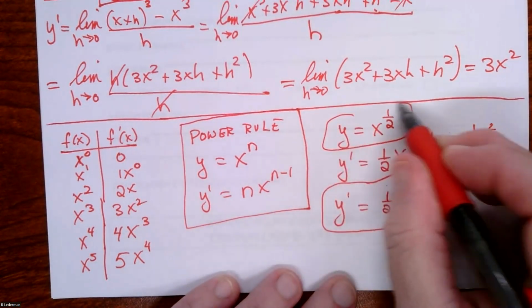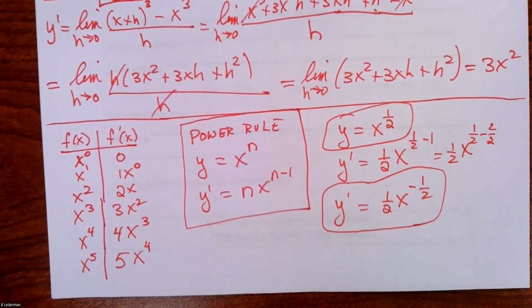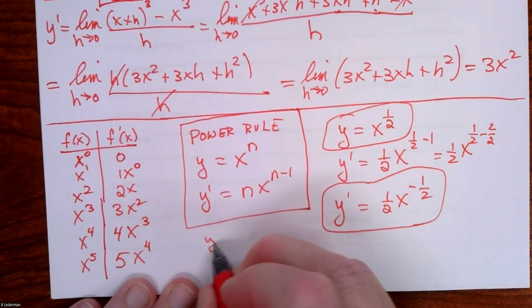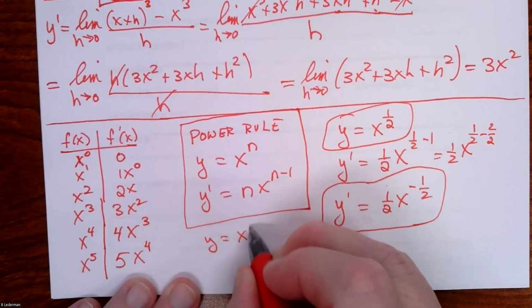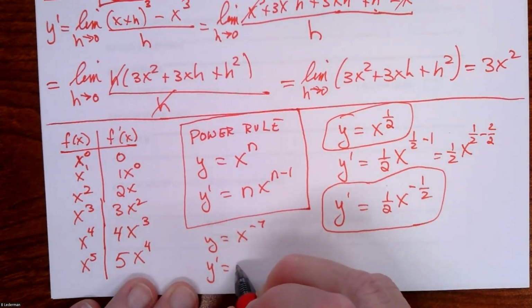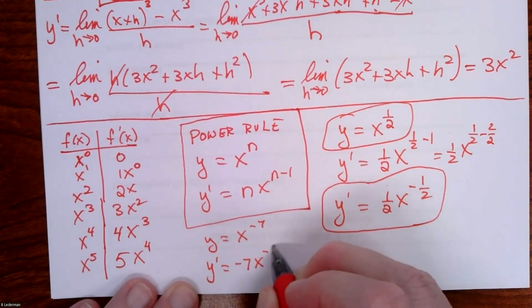That was the original function. That's the derivative. So you see, this works. It works with numbers, and it works with negative numbers. If y equals x to the negative 7, y prime is going to be equal to negative 7 times x to the negative 8.